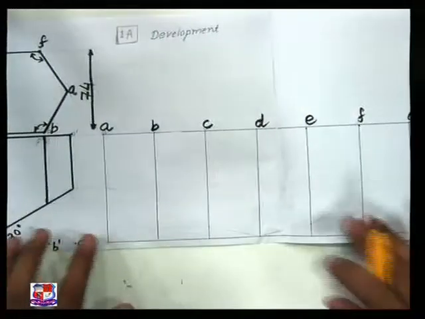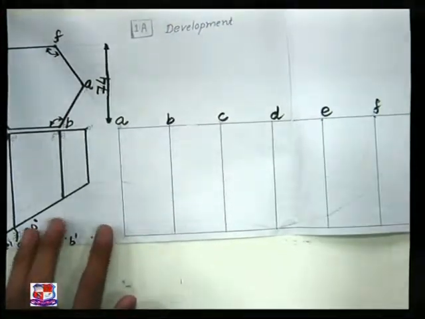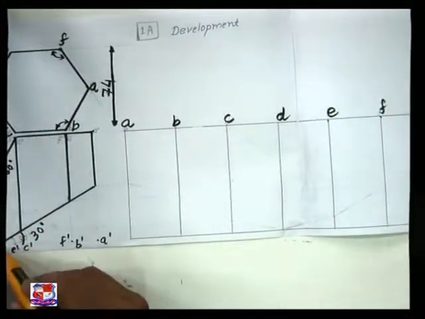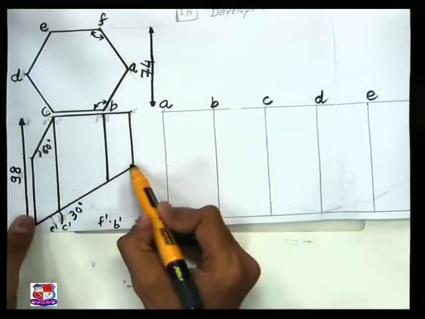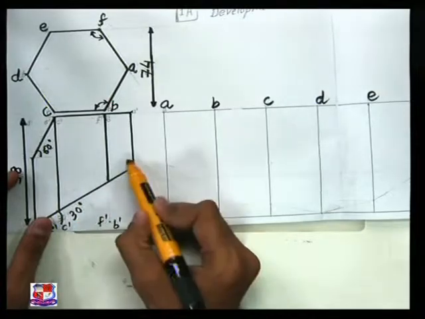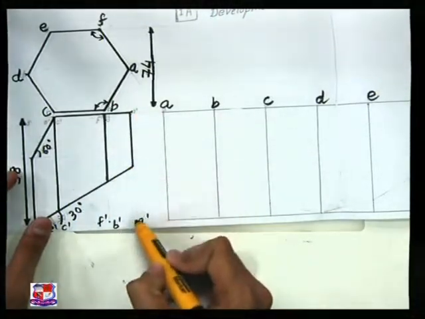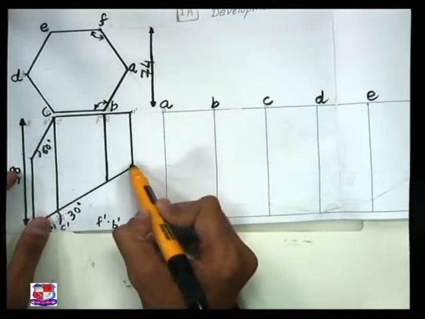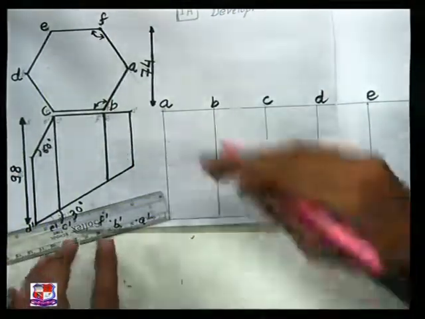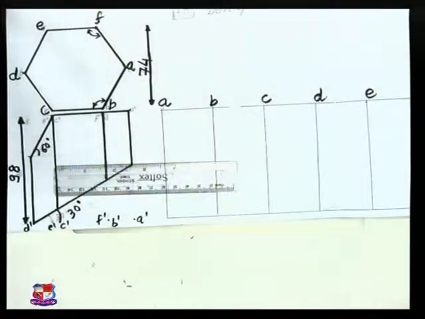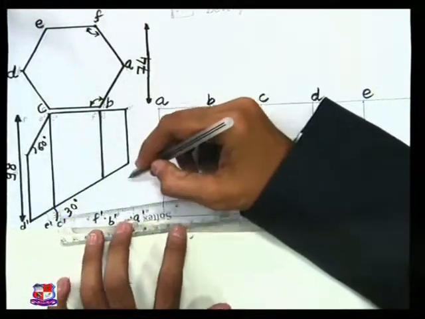Now pick up the points of intersection between the cutting plane and these edges. Let me start from here, from this bottom. Here this point is the intersection of this cutting plane and generator A or edge A. This is the point on A. So from this point take projection, means draw a horizontal line or projection line from this point, which is the intersection of the cutting plane and this vertical edge.